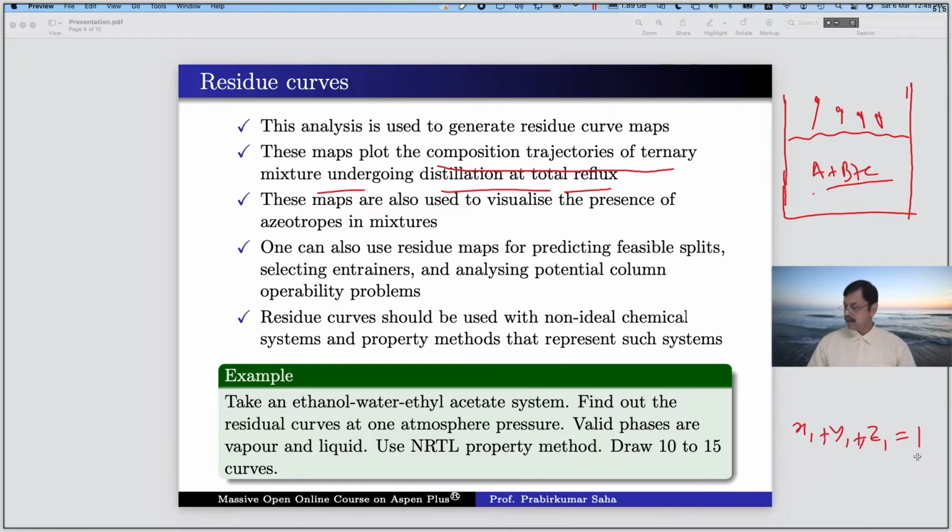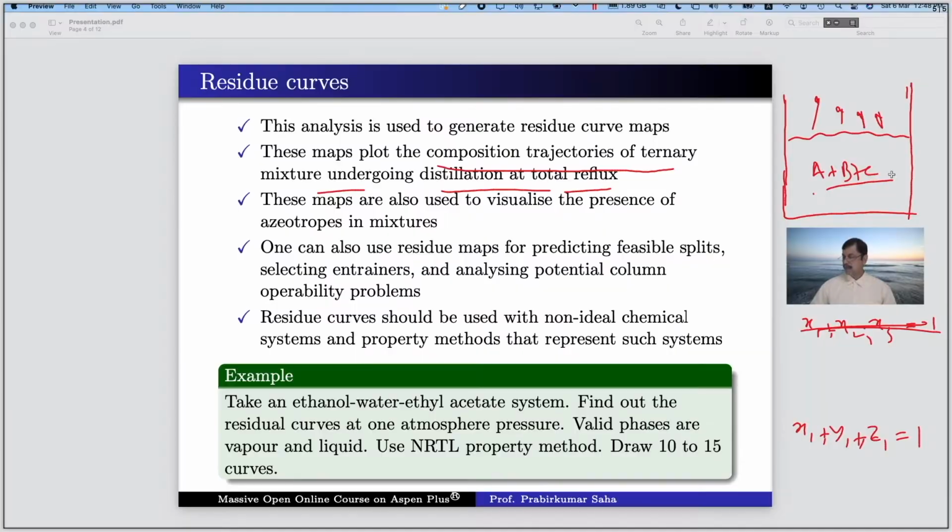The next moment, as the components A, B, and C evaporate, they will not evaporate at the same rate because components A, B, and C have different volatilities. So the more volatile components will evaporate faster than the less volatile components.